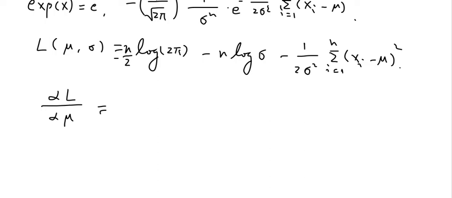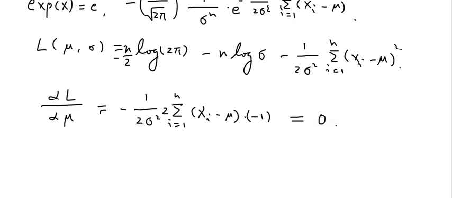The second is negative 1 over 2 sigma squared, which is constant, times the derivative of the summation of (xi minus mu) squared. The square's derivative gives 2 times (xi minus mu), and then we also need to multiply by negative 1, because mu is the variable and xi is constant.